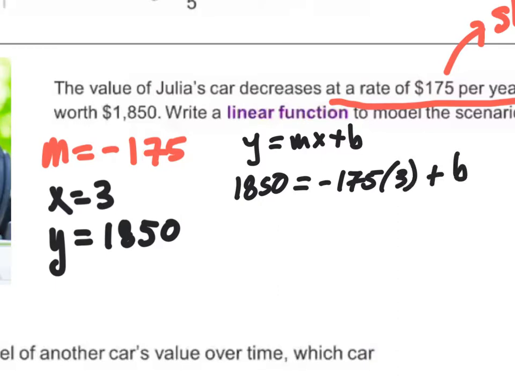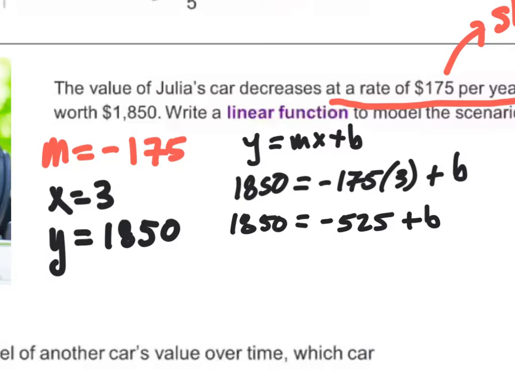And then plus b. So I'm going to do the arithmetic here and figure out what I've got. First I've got to do 175 times 3, and that's going to give me a value of negative $525 plus b. And then I get 1,850.